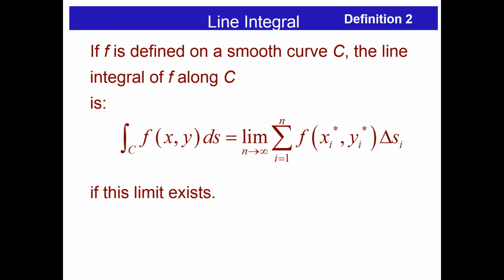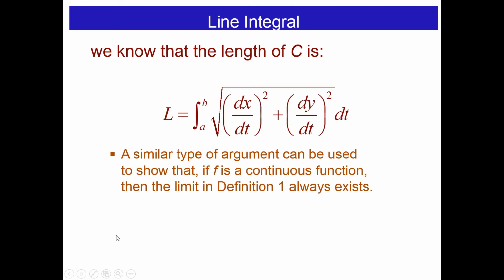Now, in order to find the value of ds, we have to recall the arc length formula from Calculus 1, which we learned in semester 1. L is equal to the integral from a to b of the square root of (dx/dt)^2 + (dy/dt)^2 dt. This is the parametric representation of the arc length.